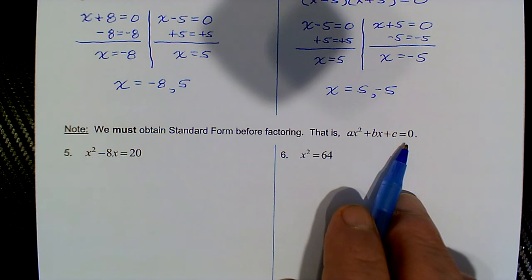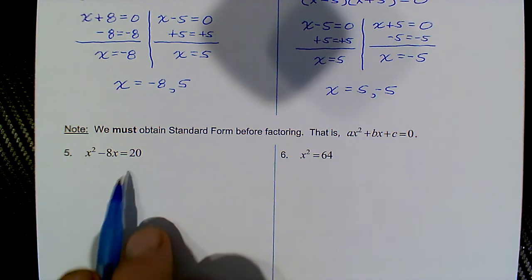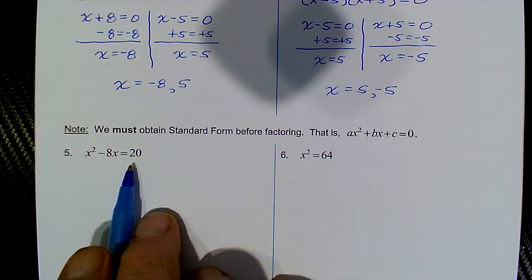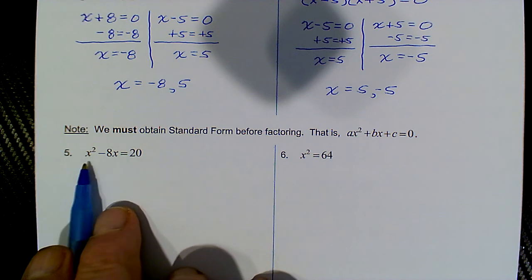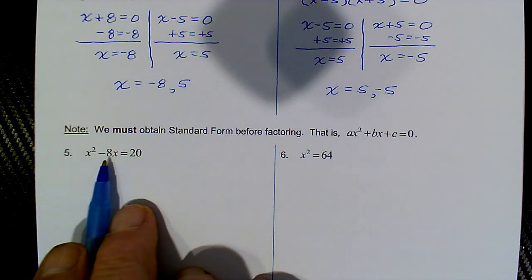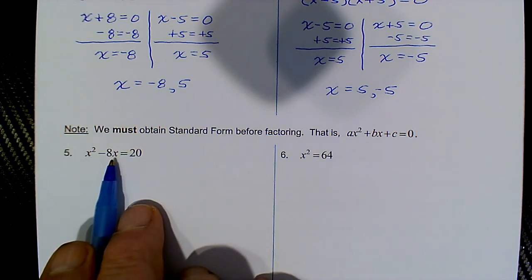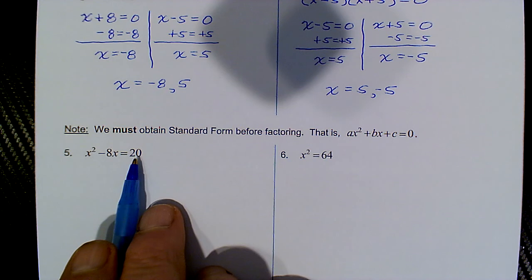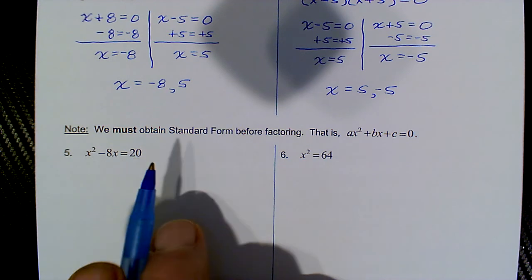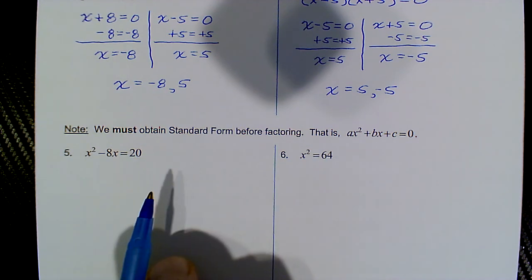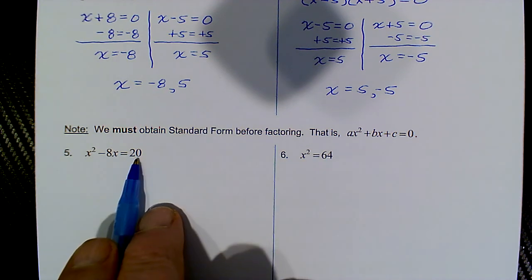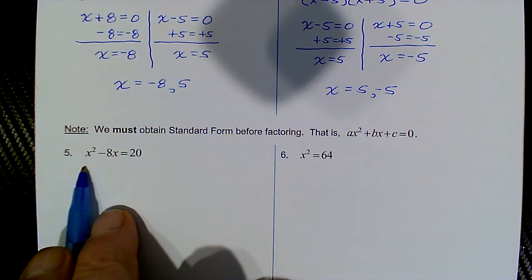So note that in number 5 here, the equation is not written in standard form. That is, you've got the squared term and the linear term on the left, but the constant term is on the right. So therefore, what we're going to need to do is set this equal to 0 by transposing this constant term to the left-hand side.